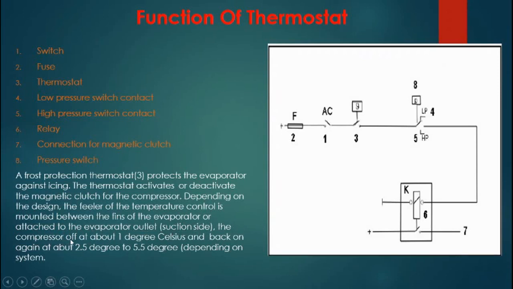The compressor switches off at about 1 degree Celsius and back on again at about 2.5 to 5.5 degrees, depending on the system. So this is the main function of the thermostat: to protect the evaporator from icing.